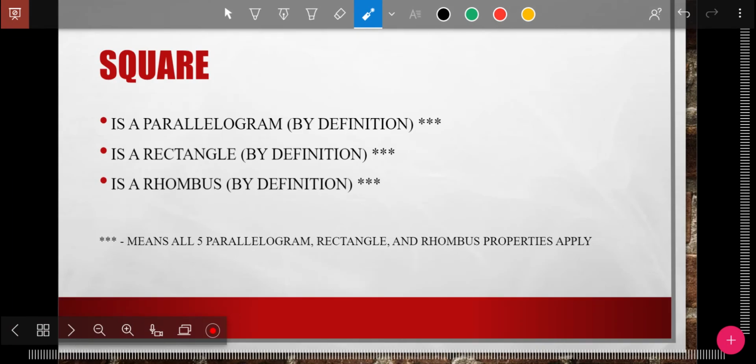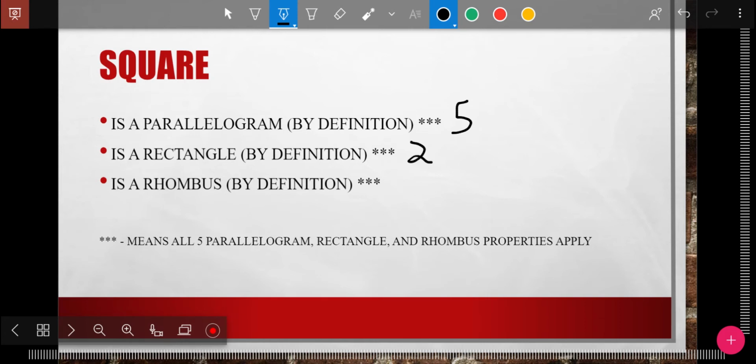Square basically is saying all of the parallelogram rules and all of the special parallelogram rules apply. So all 5 parallelogram rules, all 3 rectangle rules, but the first one was it's a parallelogram, so that's 2 additional rules.